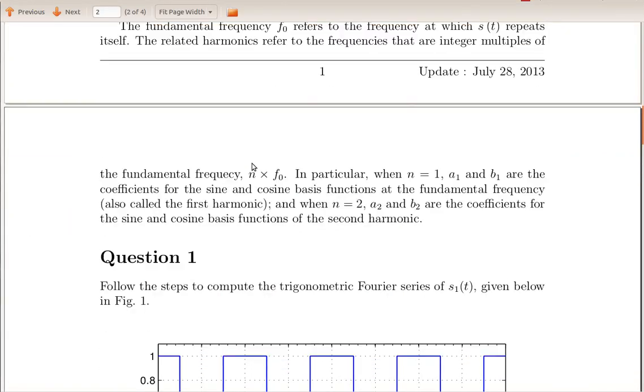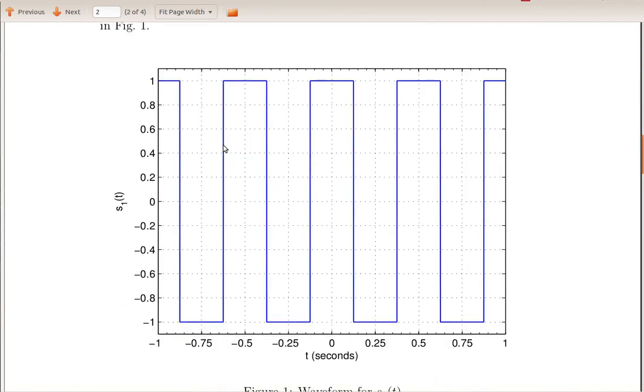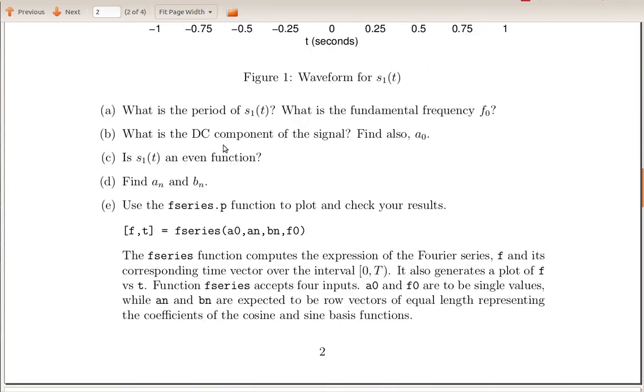So of course when we try to find the odd basis functions with the sine components, they don't exist. Therefore all of the coefficients will turn out to be 0. So it makes sense.